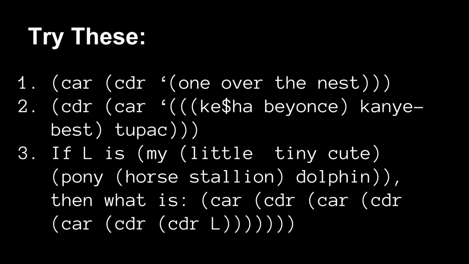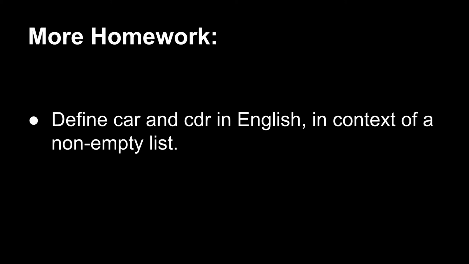Right. So, some more homework. Define car and cutter in English in the context of a non-empty list. We don't really care that much about the edge case of an atom or an empty list, because it's more important to look at the big picture of what car and cutter do with just a general list.